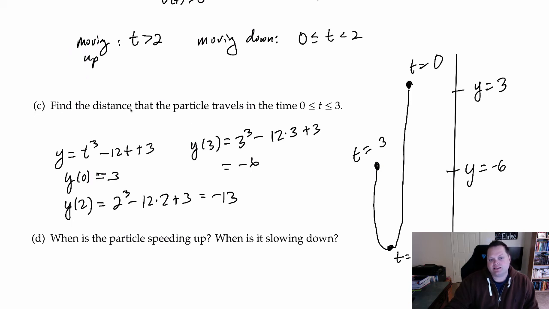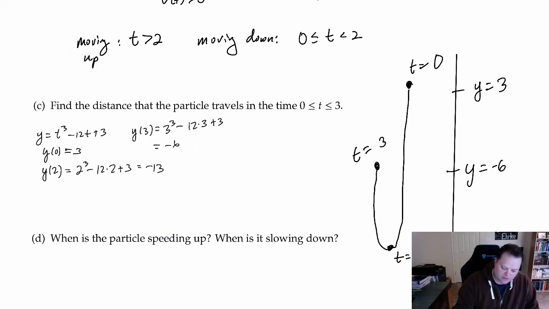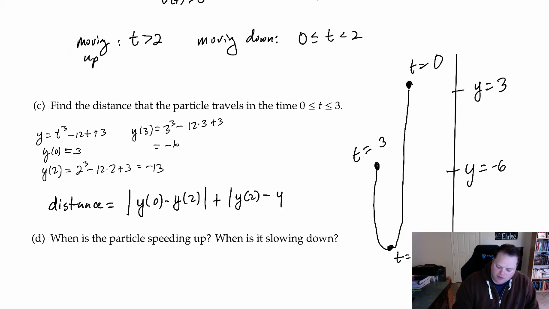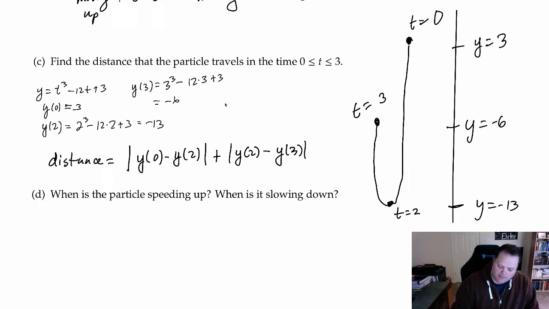So I want to find the distance that the particle travels. The distance, okay? So remember the difference between these two. The distance is the absolute value of y at time 0 minus y at time 2, plus the additional distance it traveled from time 2 to time 3.